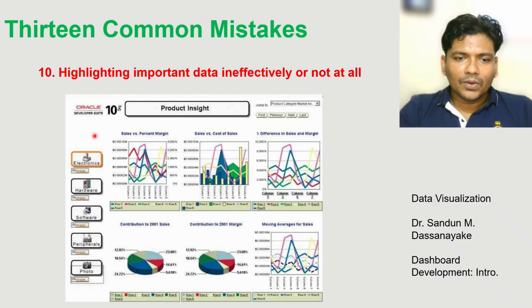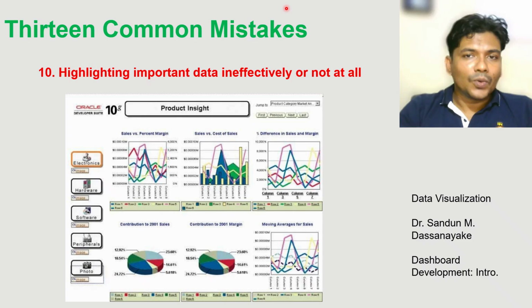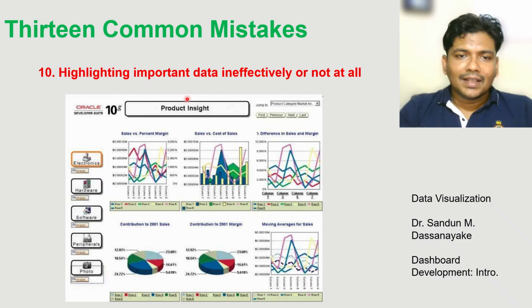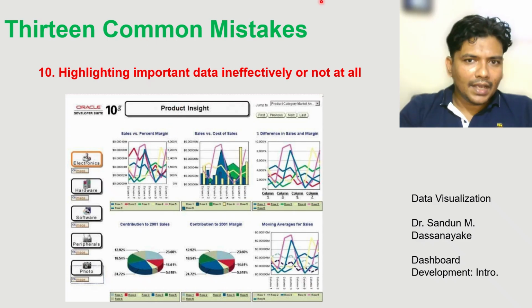The logo and navigation controls, the buttons on the left, are easy to notice because of where they are and their strong borders. But these are not the data and should not be highlighted.